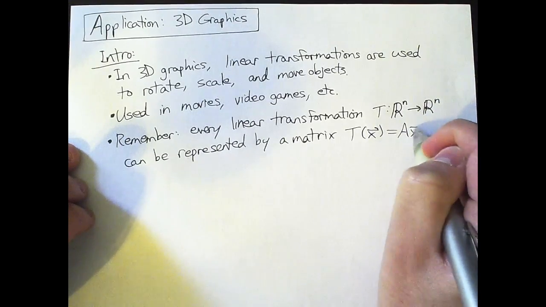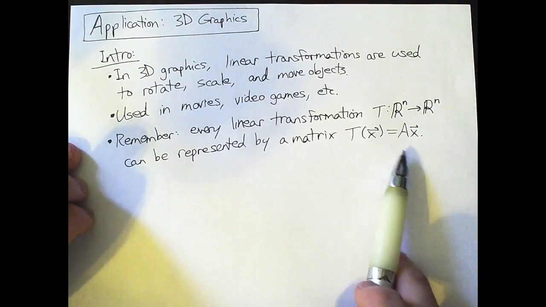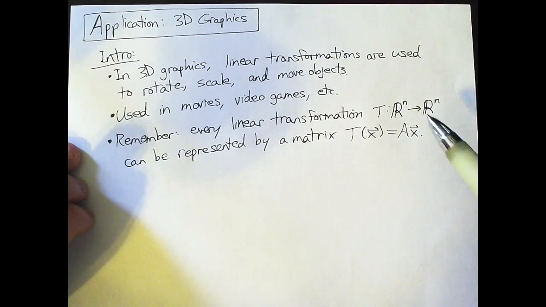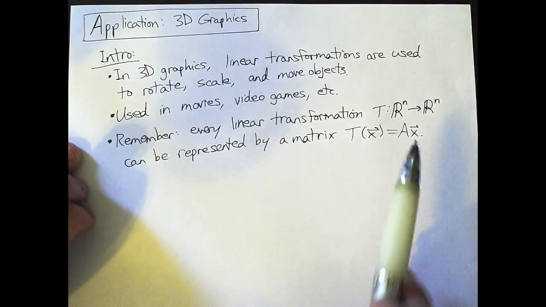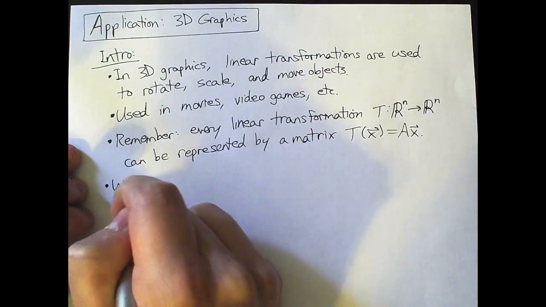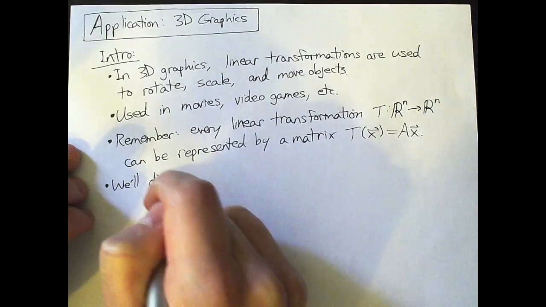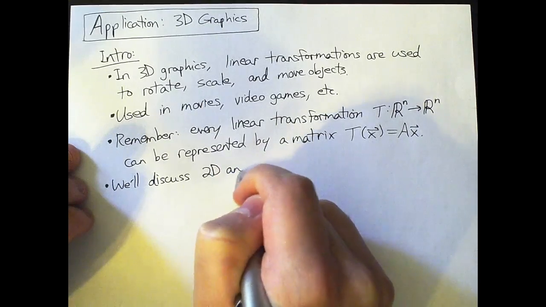There's always this matrix A that we can find, and earlier in the semester we talked about how to find that matrix A. If you're given a linear transformation as a formula, we know how to find the matrix that it corresponds to. So in this lesson, we'll discuss 2D and 3D.